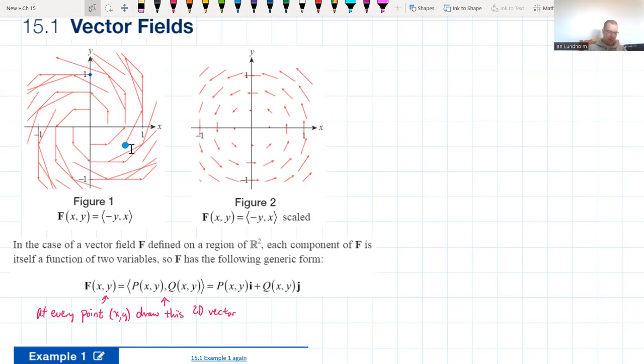That point looks to be at around 2/3 in the X direction and maybe negative 1/3 in the Y direction.